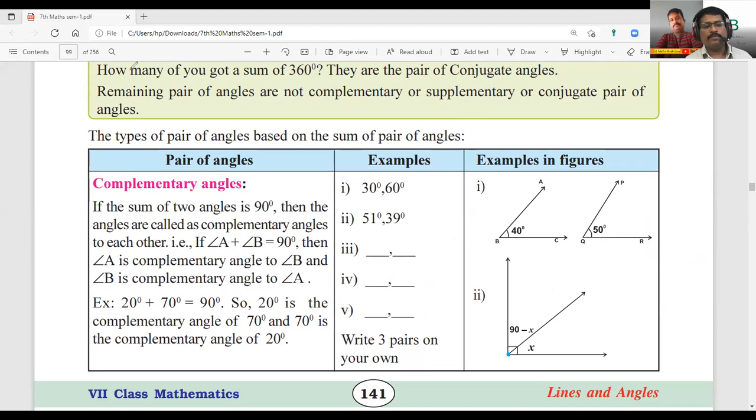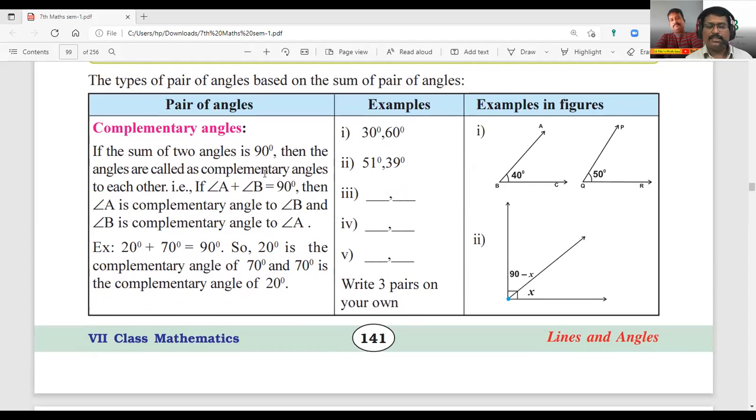So we can name them also: 30, 60; 20, 70; 40, 50; 35, 55; 65, 25, whatever it may be, we can choose. So I can write 65 degrees, 25 degrees.